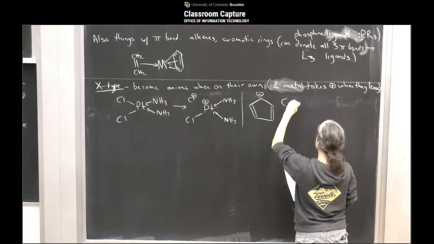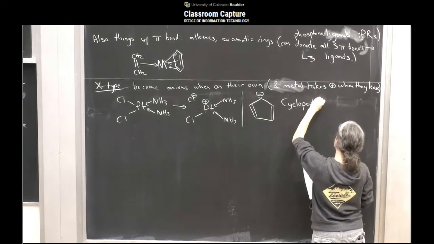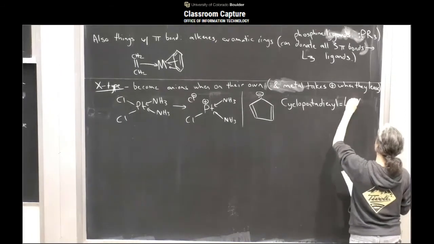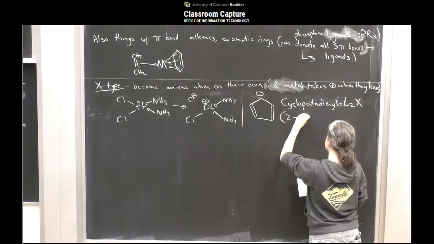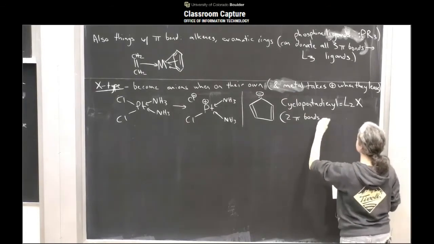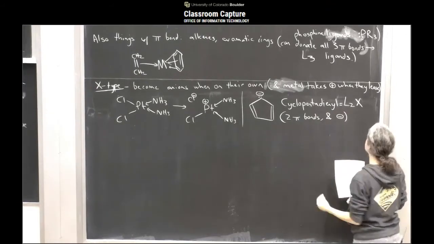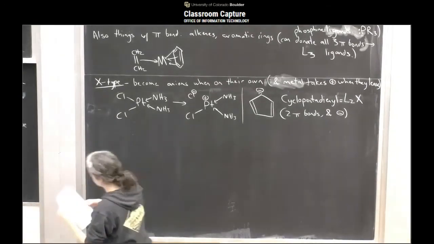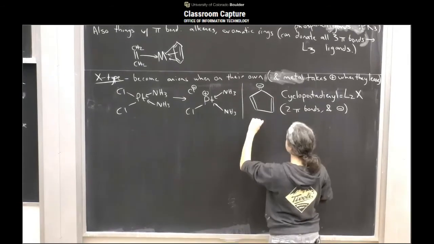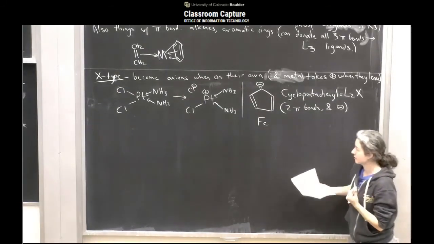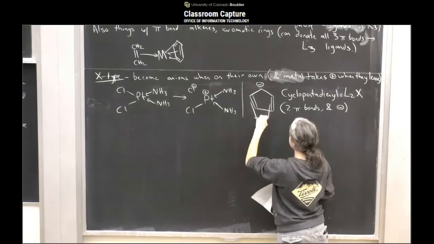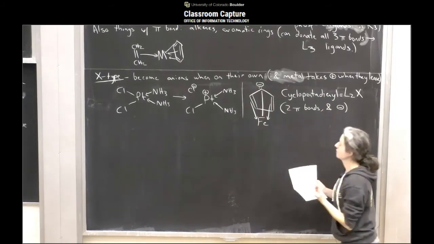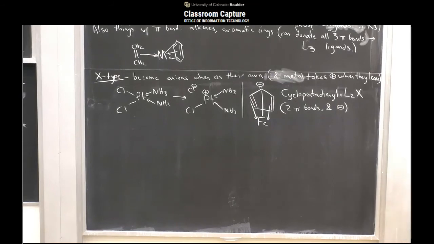So this one is what's called an L2X, because it's got 2 L-type and a negative charge. So overall, if we did, for instance, an iron atom here, it's contributing from both of its pi bonds at once in dative bonds, and it's also doing like an X-type bond from the negative charge onto the iron.